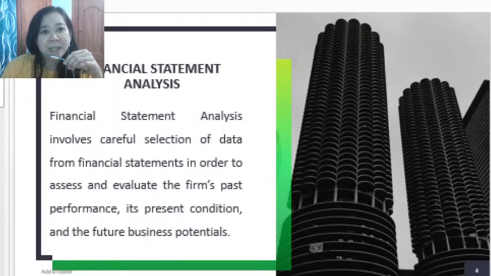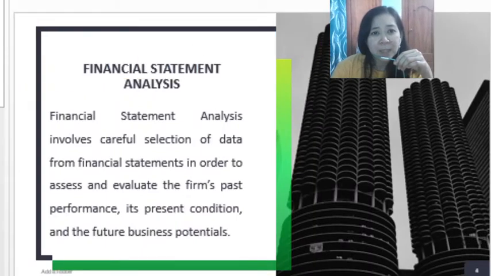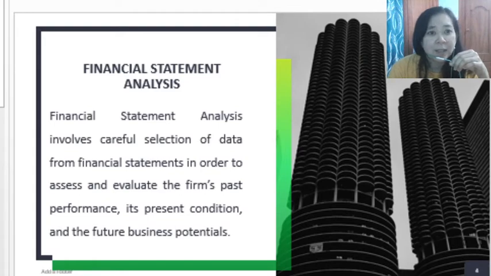Basically, when we say financial statement analysis, it normally involves selection of the data that is presented in the FS. The purpose of this, of course, is to assess and evaluate the firm's past performance.